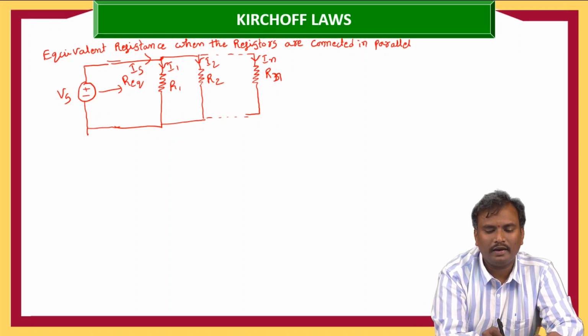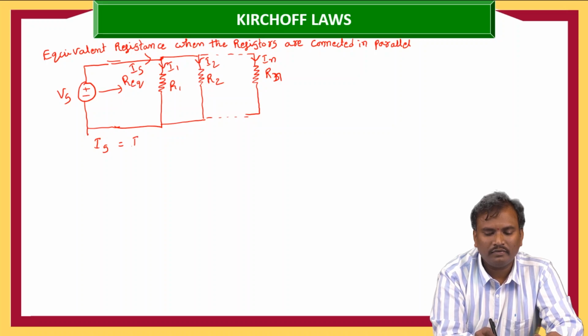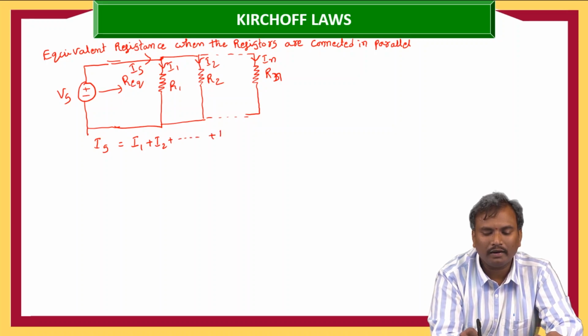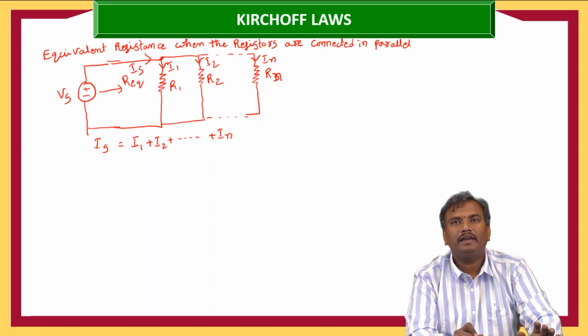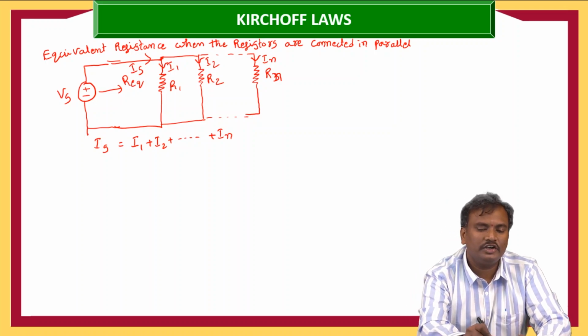So here Is is equal to I1 plus I2, and so on up to In. This is the current equation at this junction node.